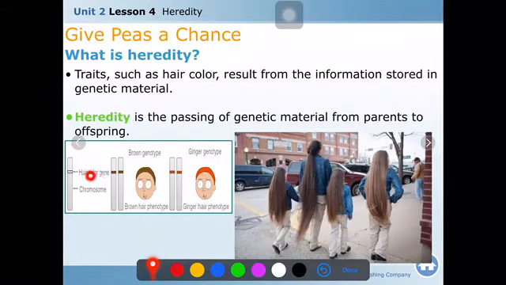The hair color gene, for example, is the same gene which is present in each and every human being, but they may have different features. They may have different traits. Like one of them is brown, another is yellow, another is black. Like that, it can change from person to person.